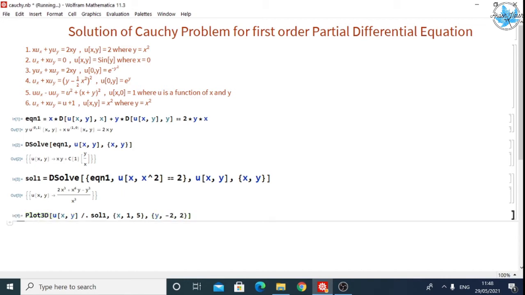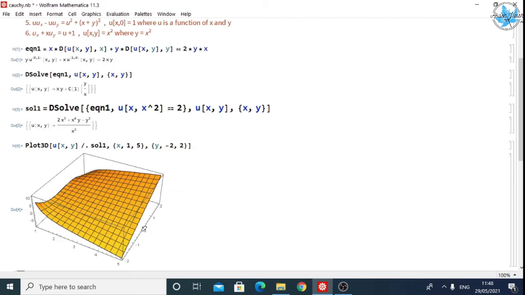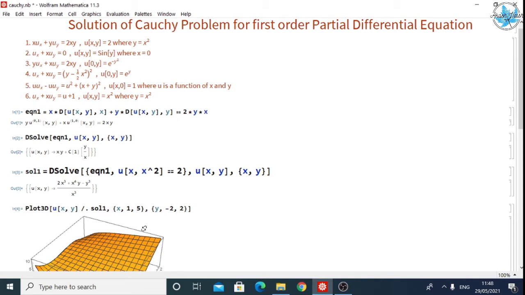Then shift plus enter and wait. So this is my graph. You can see how easy it is to solve the Cauchy problem for first order partial differential equation.